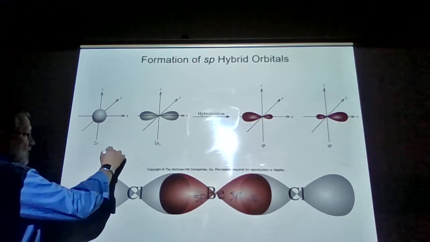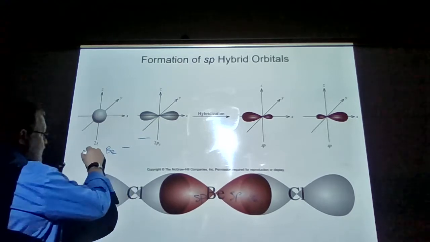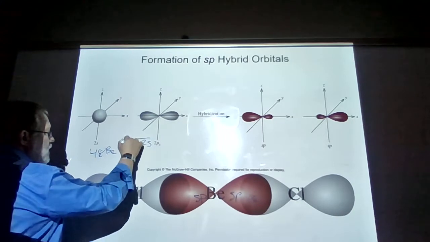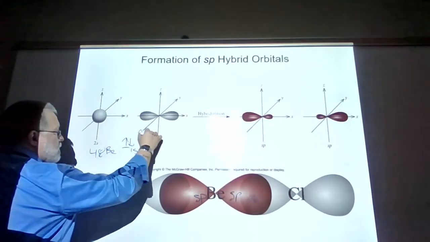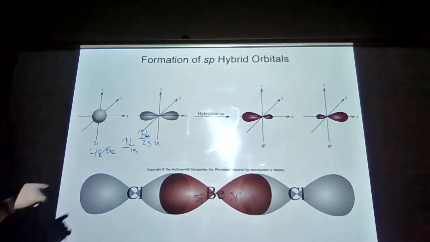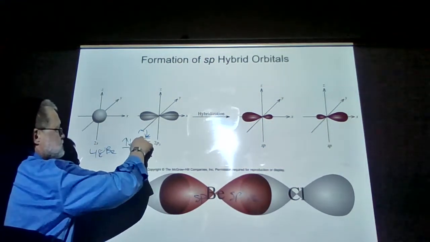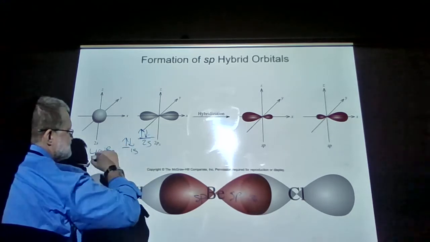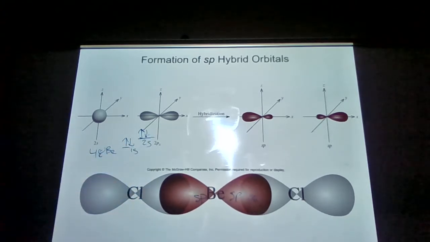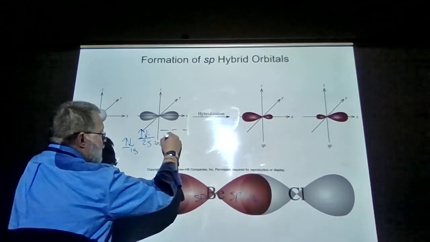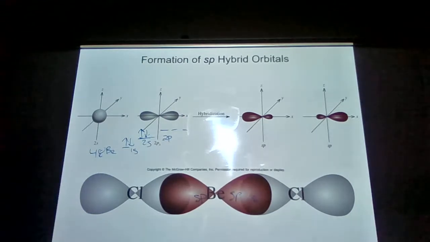Beryllium's electron configuration: 4 electrons, 1s2, 2s2, and empty 2p orbitals.